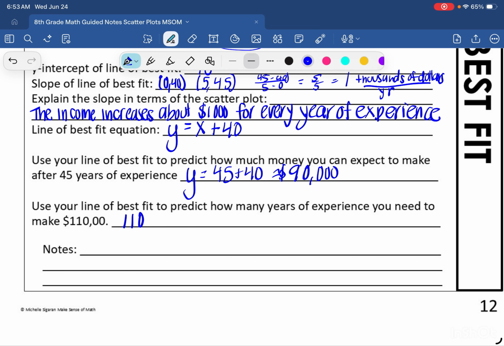Now remember, that's in thousands of dollars, so I'm just going to write 110. So 110 equals x plus 40, minus 40 from each side, and I get x is about 70. So I expect to make about $110,000 for 70 years of experience.